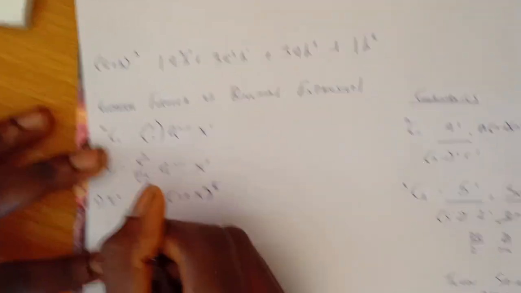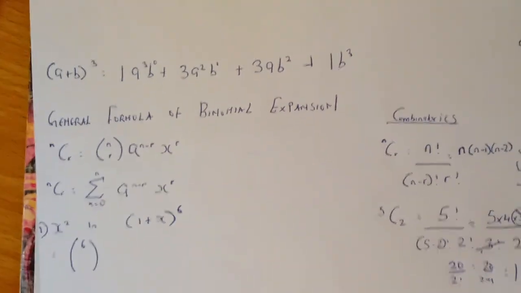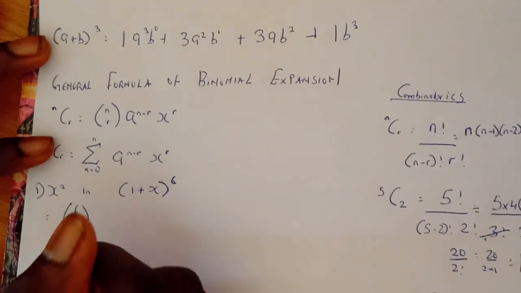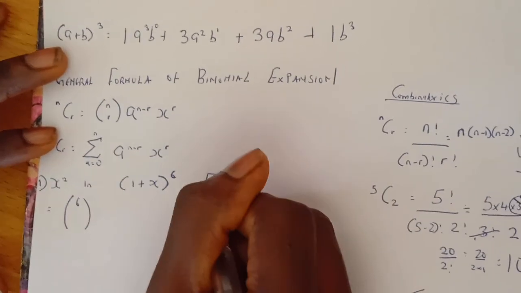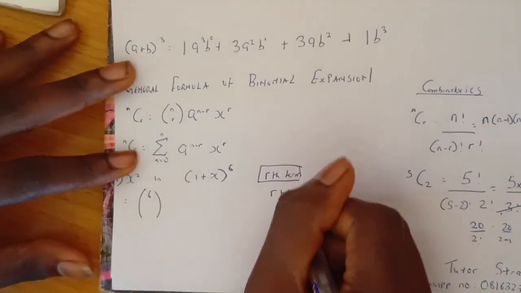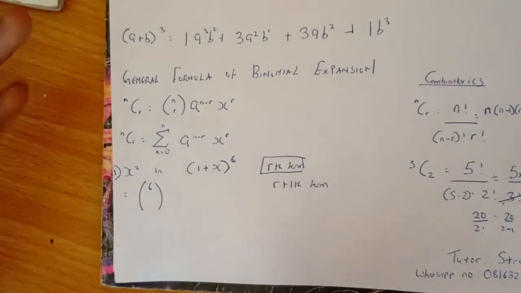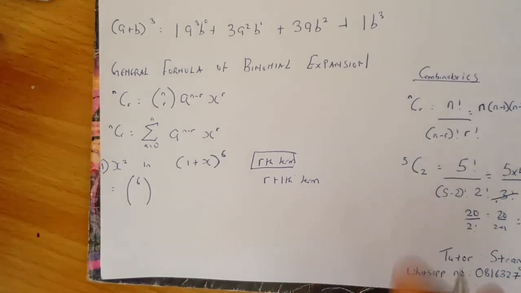Our n is practically 6. What is our r? For this, we are not looking for just the rth term. Please note, we are looking for the r plus 1 term. So let's say our r is practically, we don't know what our r is, right?